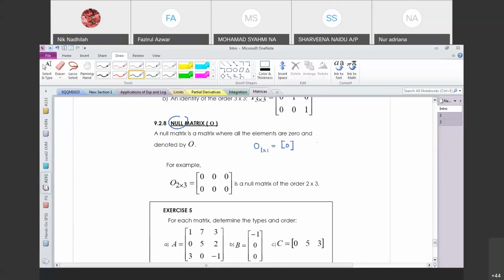A 2 by 2 null matrix, then you will have 0, 0, 0, 0. So in a null matrix, the elements are only zeros. Or you can also have a rectangular null matrix. As you can see, we have a 2 by 3 null matrix here. So whatever the size is, you just fill in with zeros. That's all.